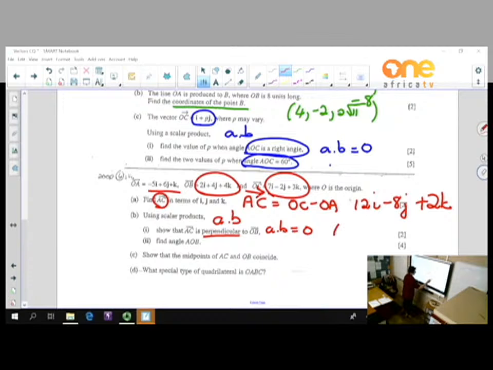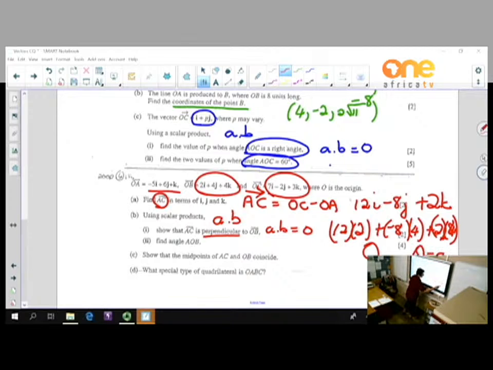So I'm going to show that 12 times 2 plus negative 8 times 4 plus 2 times 4, and this is giving me 0. So now conclude now. Theta is 90 degrees, and the two sides, AC, is perpendicular to OB.